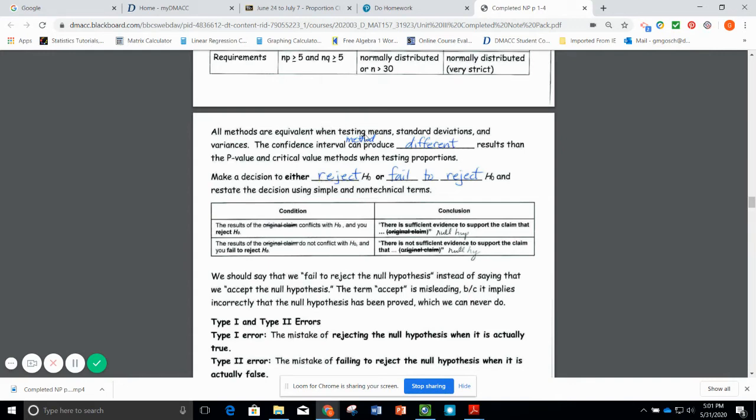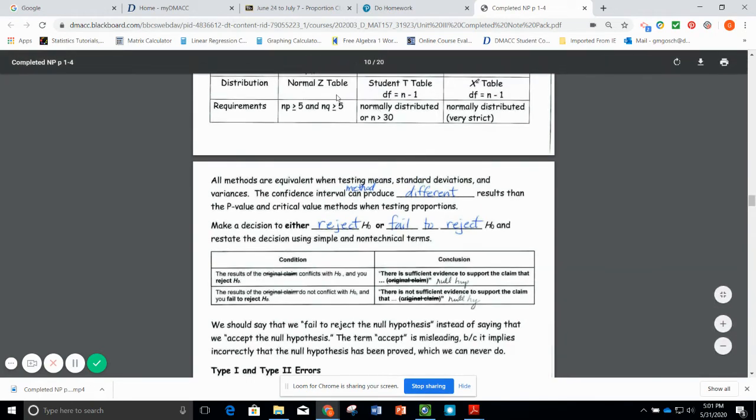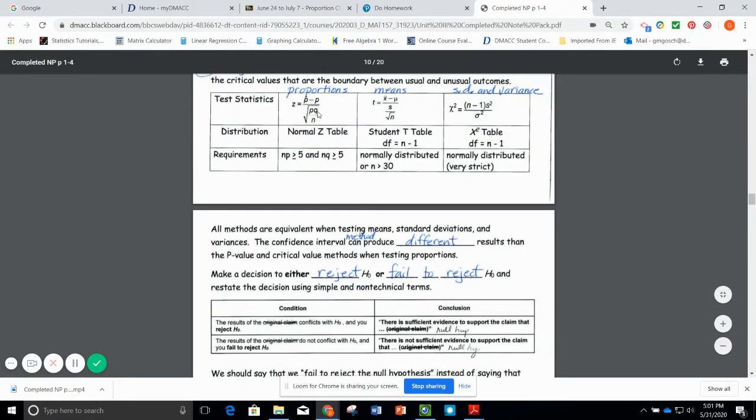All methods, again, are going to be equivalent when we're dealing with means and standard deviations and variances, but the confidence interval method could produce different results than the p or the critical value method when you're dealing with proportions. I will not give you any scenarios where it is different, but that difference could evolve from the fact that when we're calculating our confidence interval, instead of using p and q, we're using p hat and q hat from the sample.